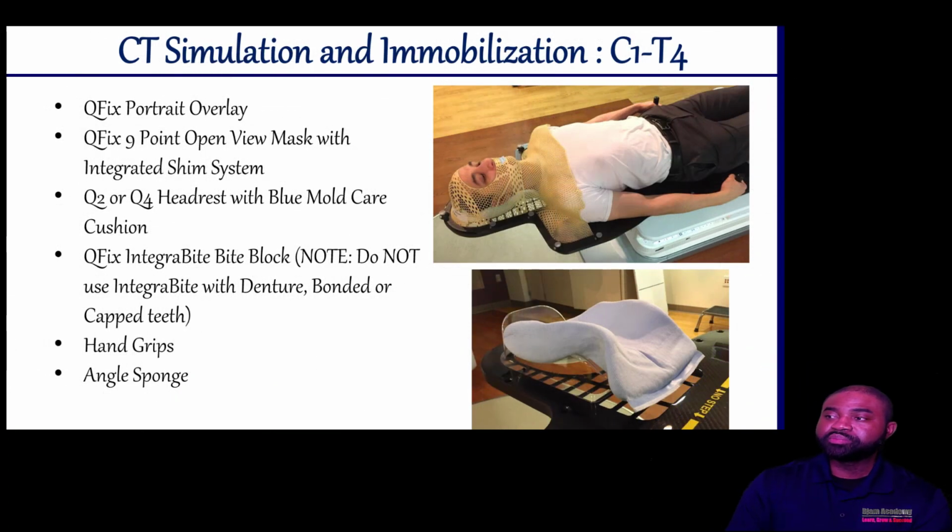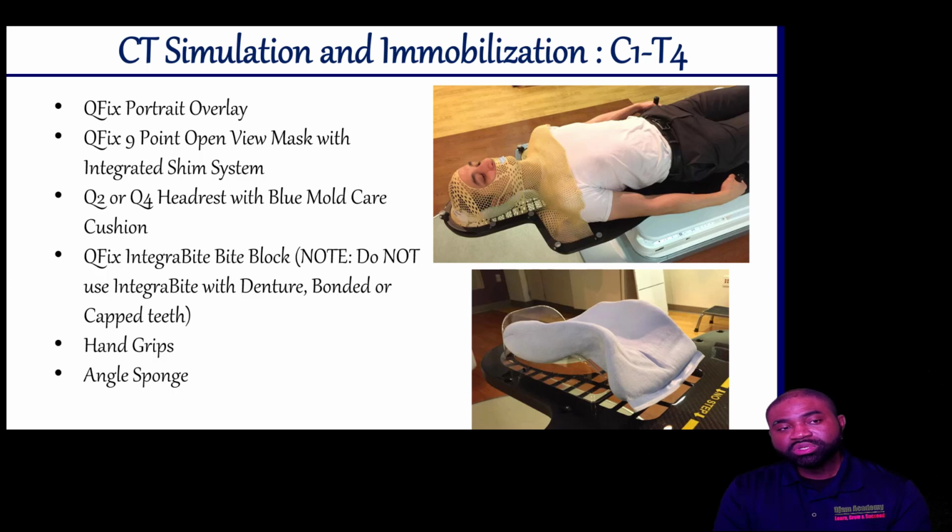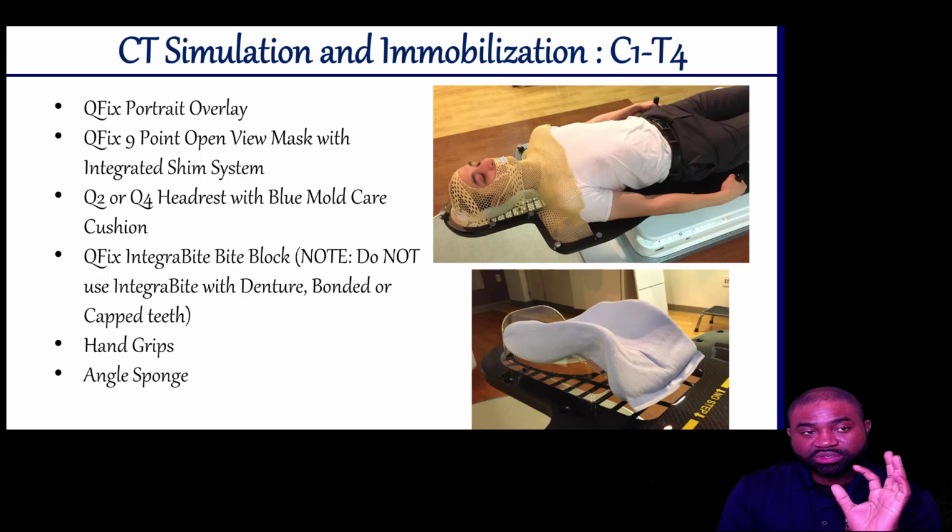And so for simulation, the kind of immobilization device that we use depends on the location of the vertebrae that we are treating. If the vertebrae is located along the C-spine, we will use a different immobilization device as opposed to when the vertebrae is located along the thoracic or the lumbar spine. Now, the fundamental principle in immobilization is to promote two things: patient comfort and reproducibility.